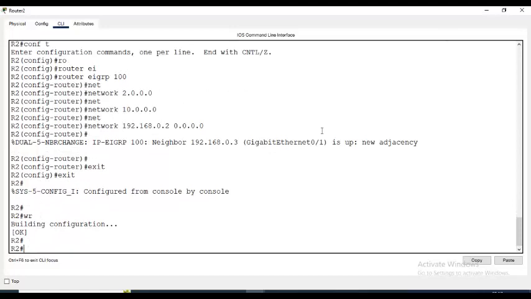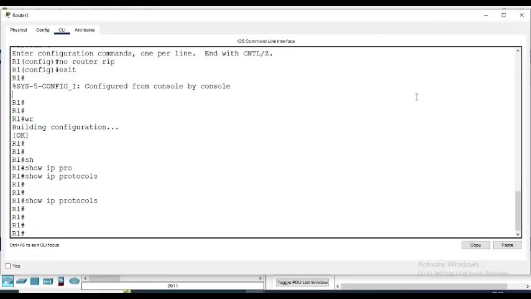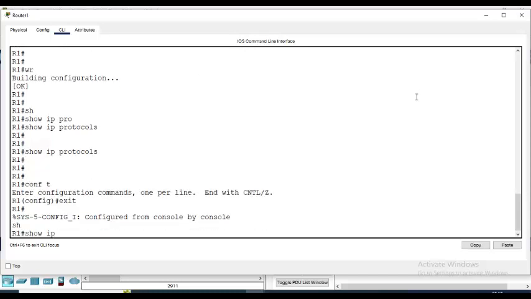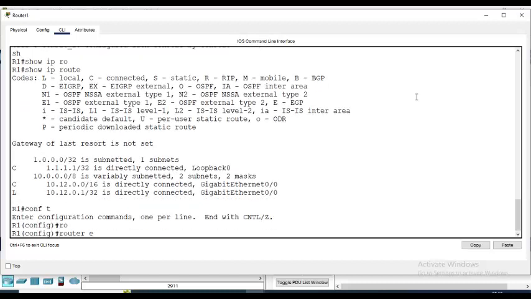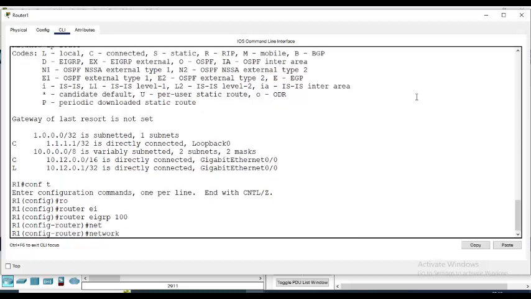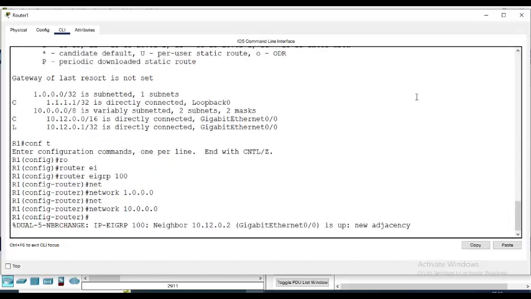Now one last router. One minute. Show ip route. Here again router eigrp 100. Network 10.0.0.0. That's it.